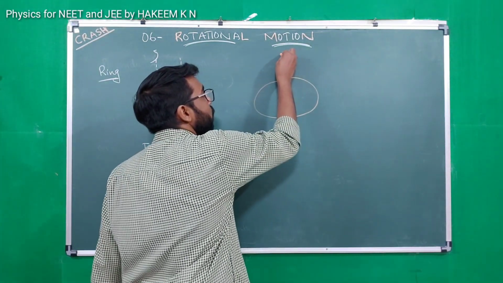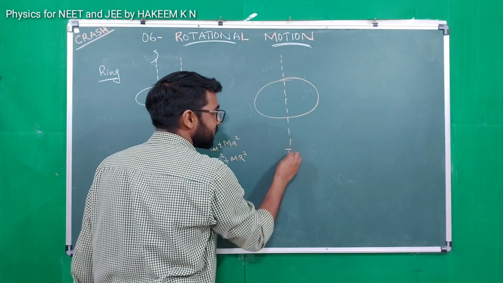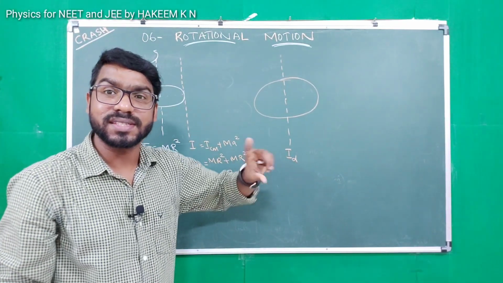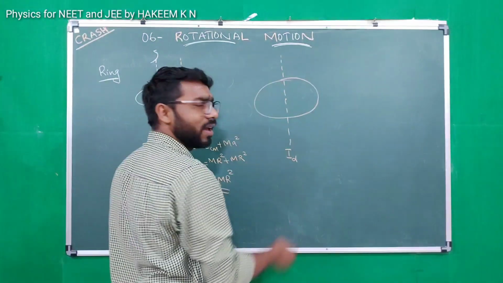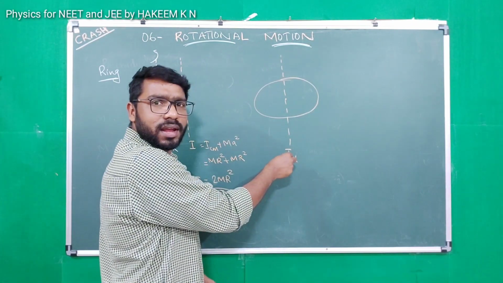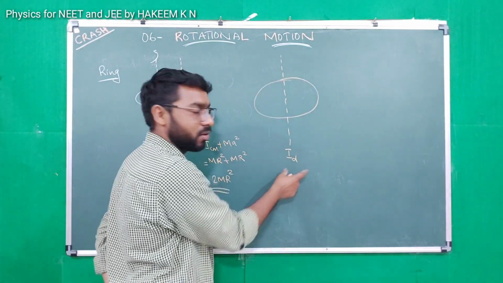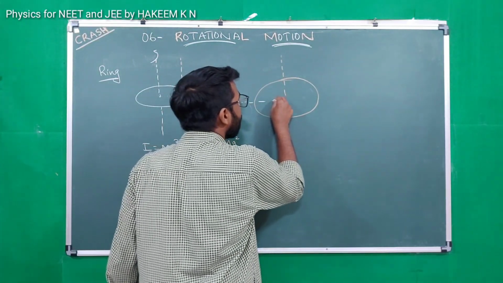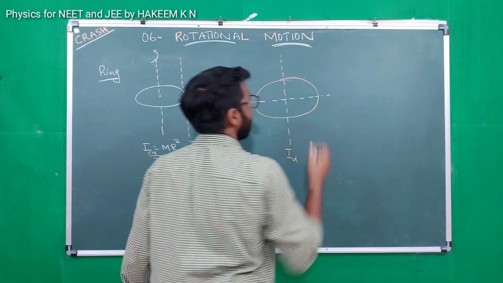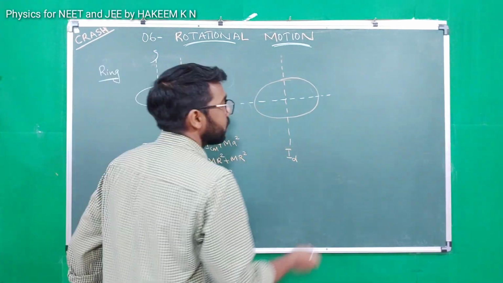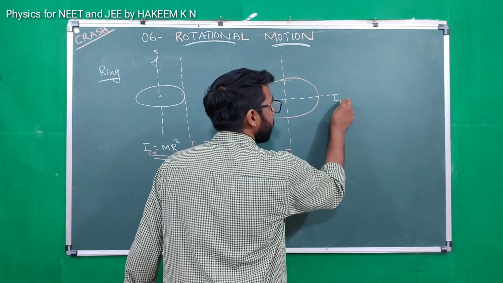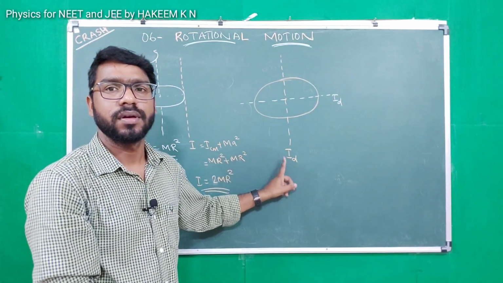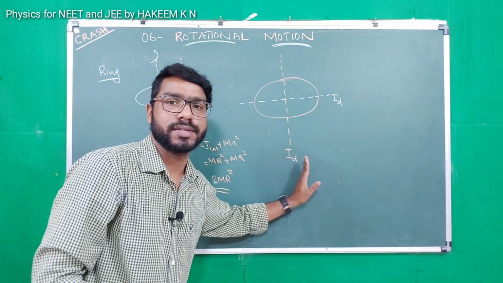To find the moment of inertia about an axis in the plane, the diametrical axis, ID, take one more axis in the plane which is perpendicular to the earlier axis.